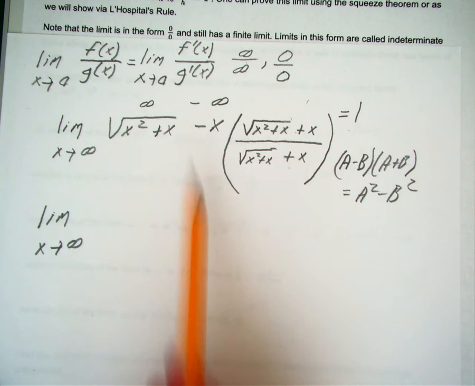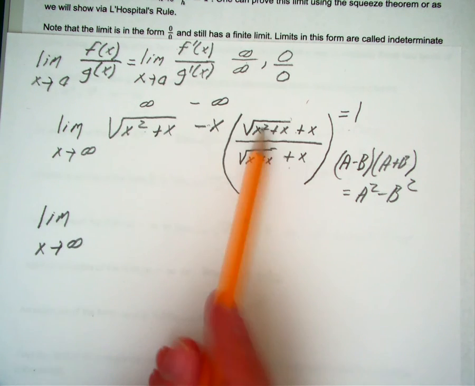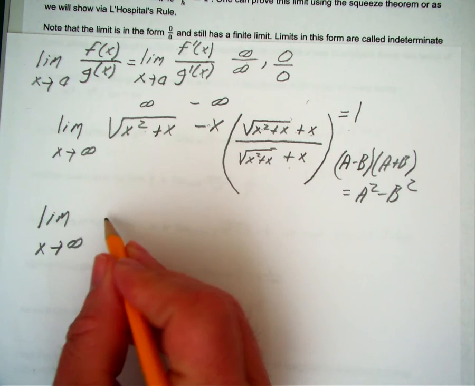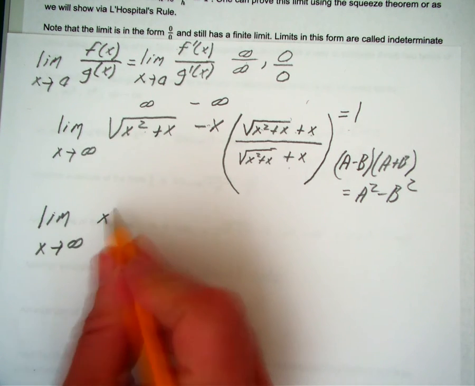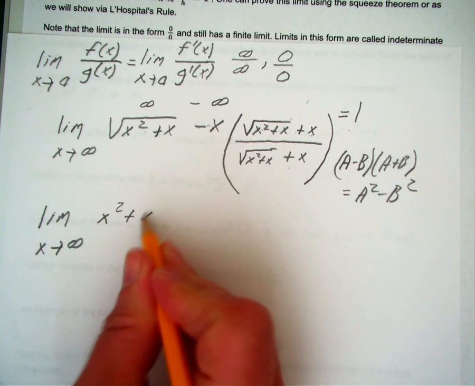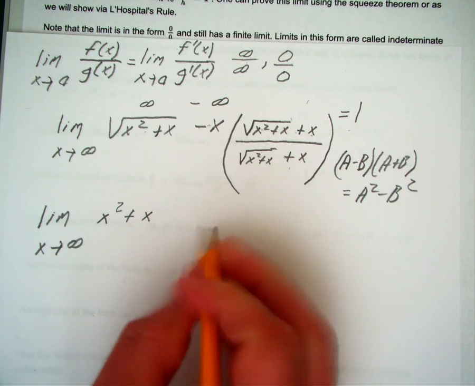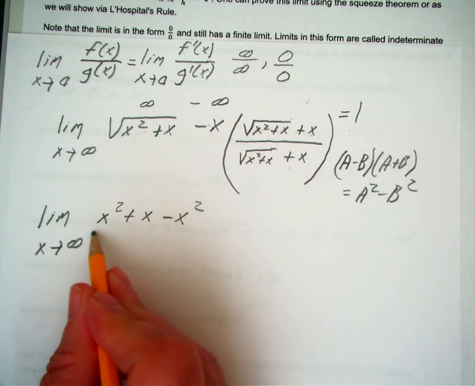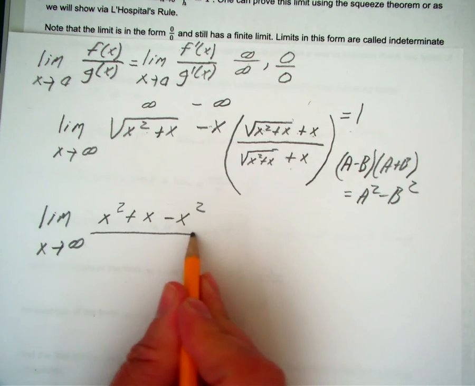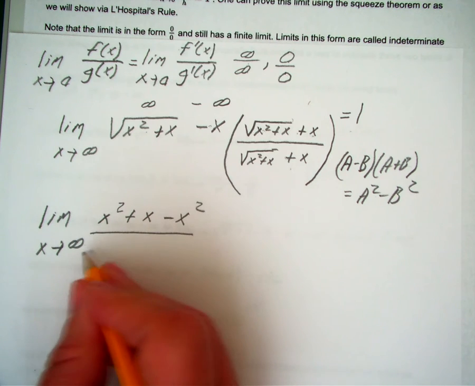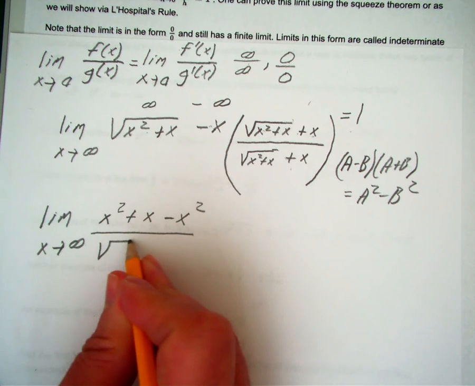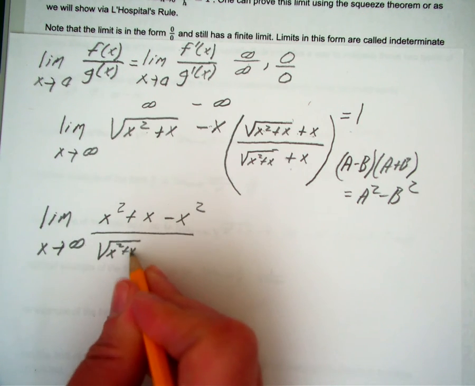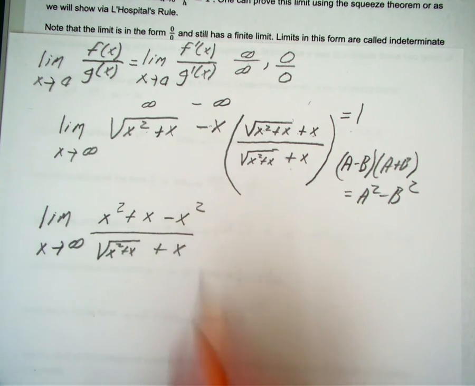Now, right over here, folks, this would be your a minus b, and that would be your a plus b, right? So this is all going to wash out to x squared plus x minus x squared, all over. So we got this going on.